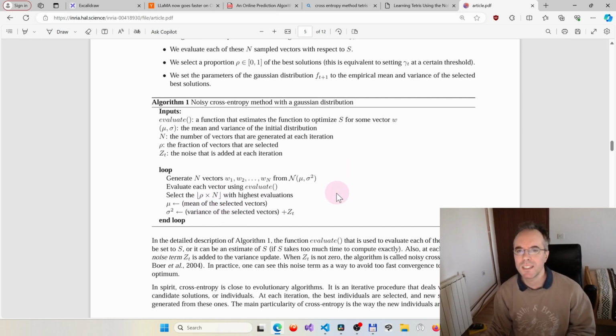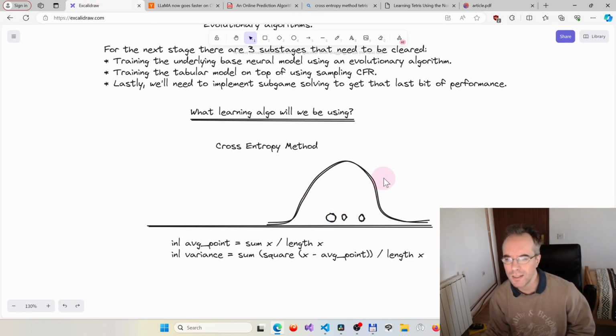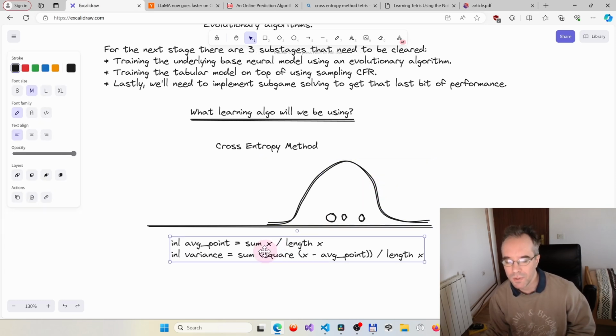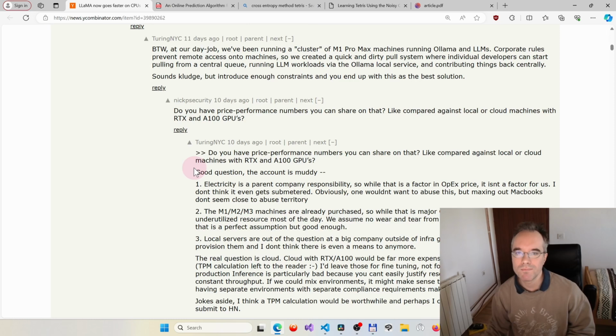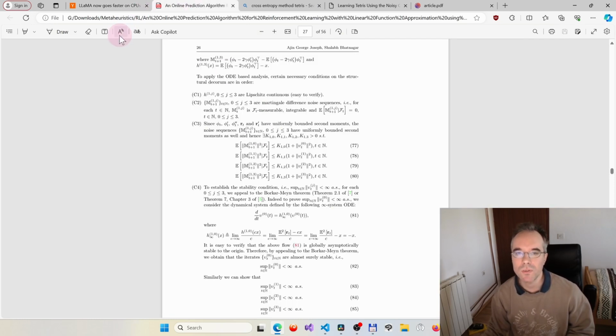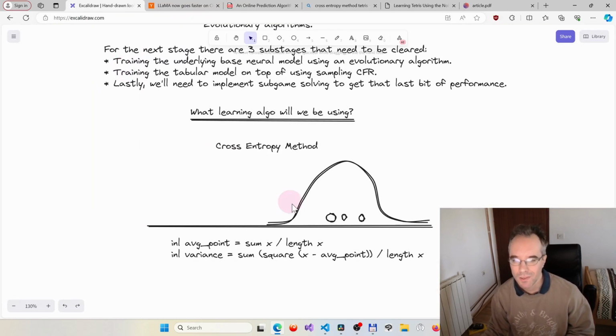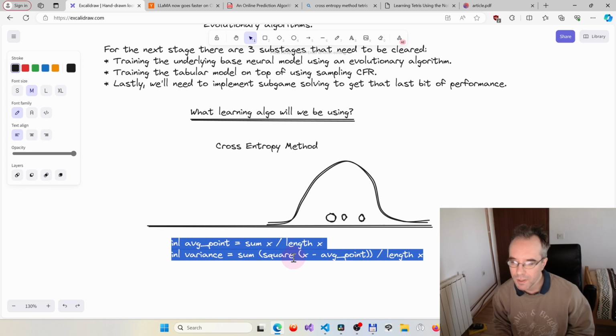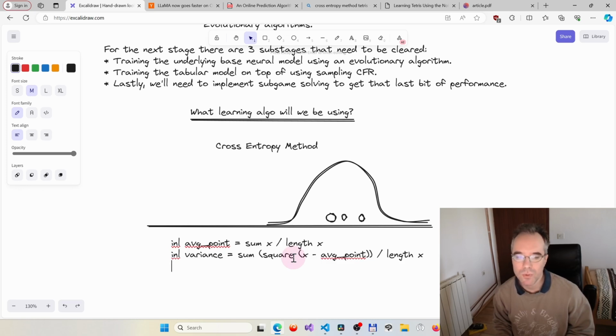It's a very simple algorithm, and compared to the naive cross entropy method that I've drawn out for you, the only real difference is that instead of just taking the new variance, they add some noise. Or let's name it epsilon.